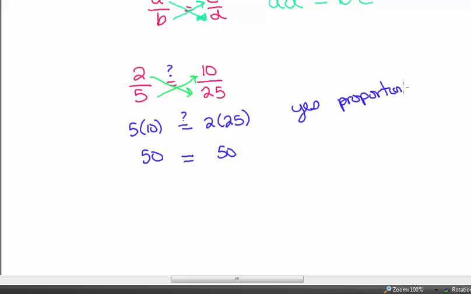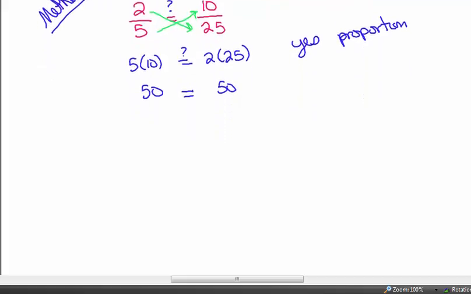This was method 2 of how to determine if two ratios form a proportion. We use the cross products. So let's look at some examples of that. I have 2 and 3.5 and 8 and 14. And I want to know, are they equal?